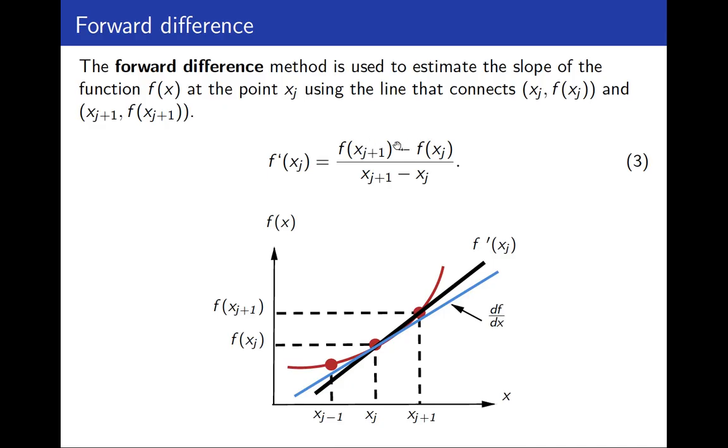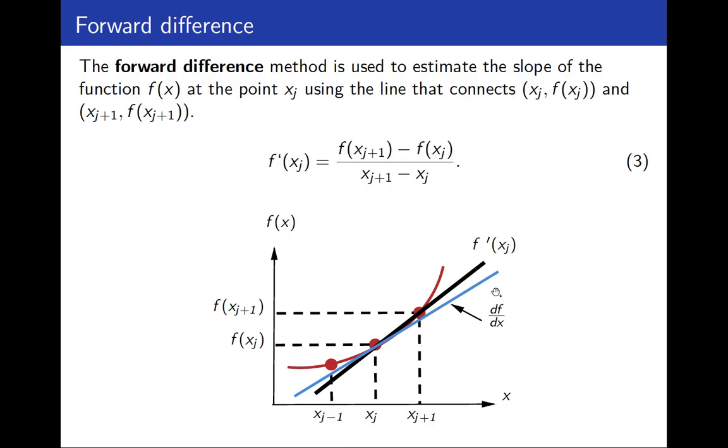We will estimate this difference here, which is just this value of f minus this value of f over this difference between the x's. Here in black, I represent the line that connects these 2 points, the point x_j and the point x_{j+1}. And this blue line represents the exact value of the derivative of f.